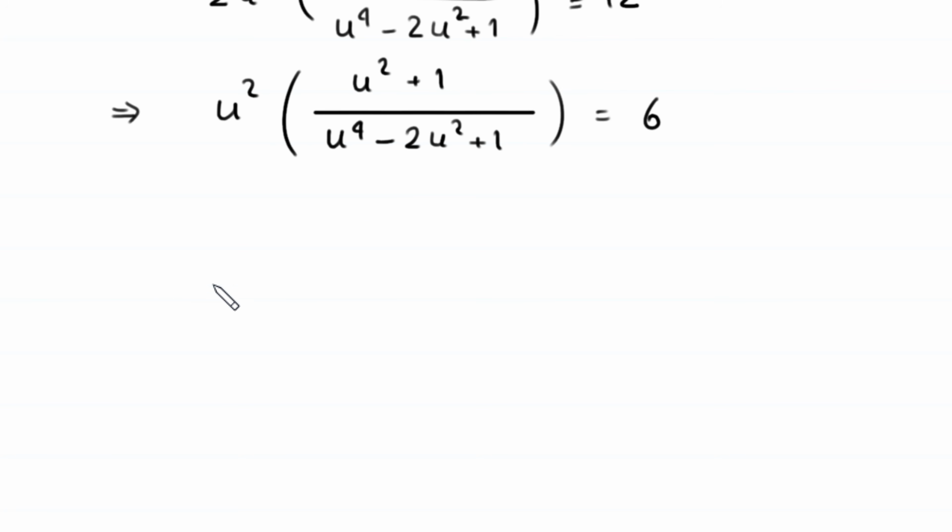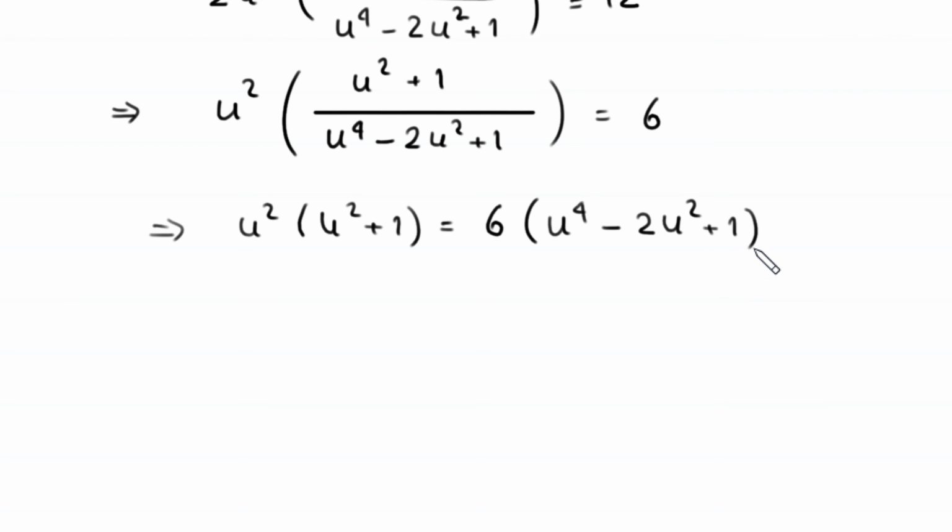Now if we multiply both sides by this denominator, this implies that u squared times (u squared plus 1) equal to 6 times (u to the power 4 minus 2u squared plus 1). u squared times u squared will become u to the power 4, and u squared times 1 plus u squared equals 6u to the power 4, and 6 times negative 2u squared, negative 12u squared, 6 times 1 plus 6.